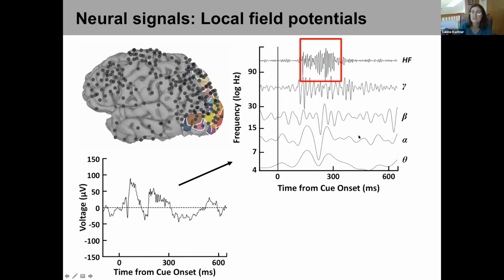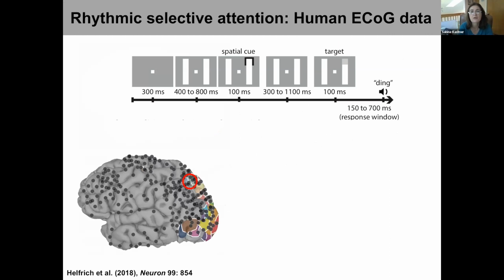This signal is so powerful that we can even study single trials, which is typically very difficult, for instance, in monkey recordings. Now, I will show you a single trial from one patient, and the recording site is here in the posterior parietal cortex in the driver task.